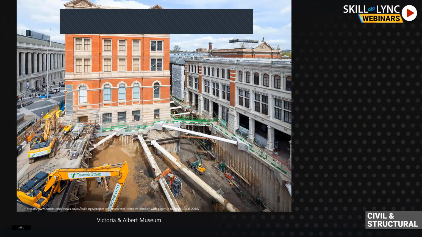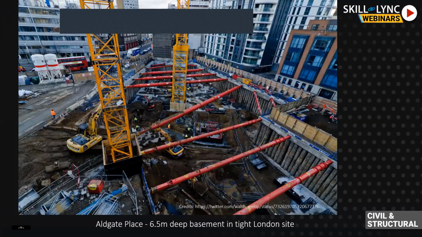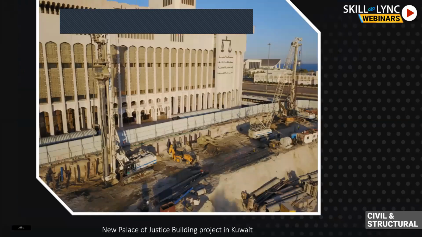This is Aldgate Place, a 6.5 m deep basement on a tight London site. Here also you can see many skyscrapers just beside the excavation perimeter, and a beautiful arrangement of struts just to restrict the ground movement on a very tight London site. This is the new Palace of Justice building in Kuwait.